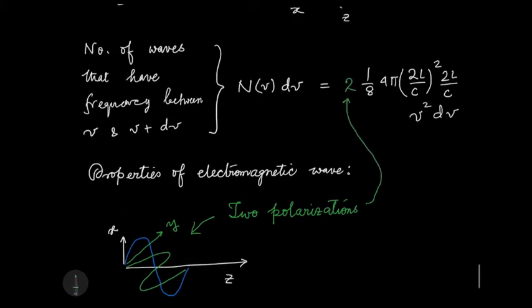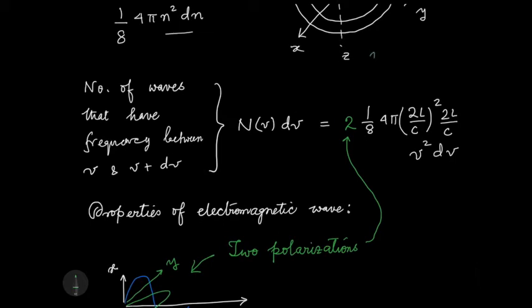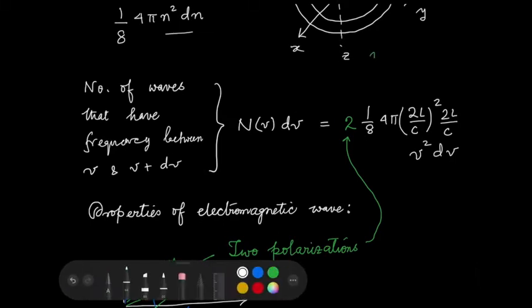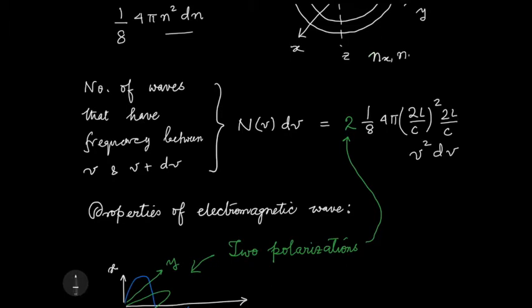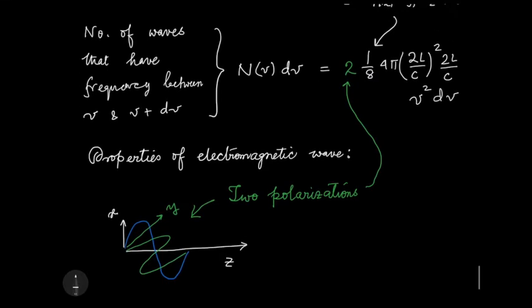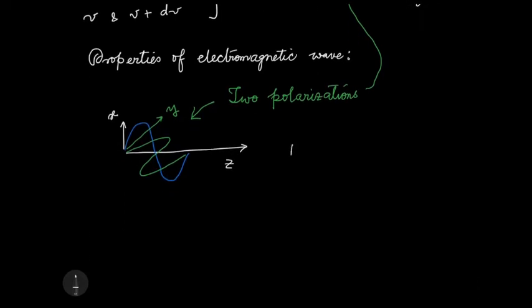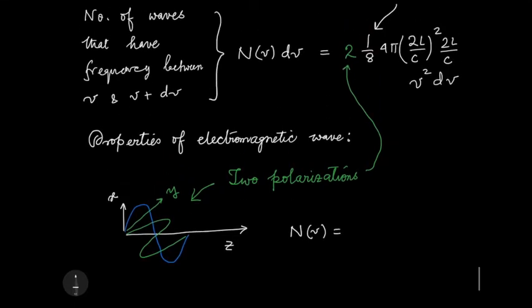And because there are two polarizations, I get a factor of 2 here. Because nx, ny, nz are all greater than 0, I get this factor of 1 by 8, and because there are two polarizations, I get a factor of 2. So if I now write down the expression for n nu, I can have everything here.